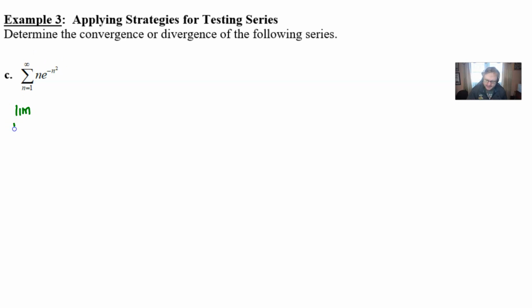So the ratio test says we're going to take the limit as n approaches infinity of the absolute value of the n plus 1 expression, which, as I write it, I'm going to drop this e to the negative exponent down to the denominator. And then all of this would be over the original expression, again, with that e to the negative n squared dropped below.